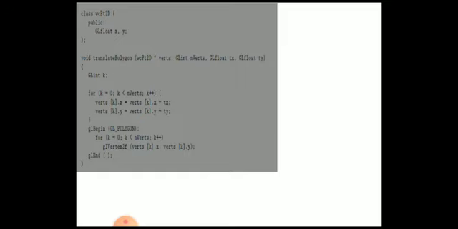Once we finish this for loop, we define a new polygon with the new vertices, and the code for that would be glBegin GL_POLYGON, for k is equal to 0, k less than nVerts, k plus plus, glVertex2f verts k dot x. Now these are the translated vertices. The values of x and y are the translated values, they are x dash and y dash. With the help of that, we define our new polygon, or our translated polygon.